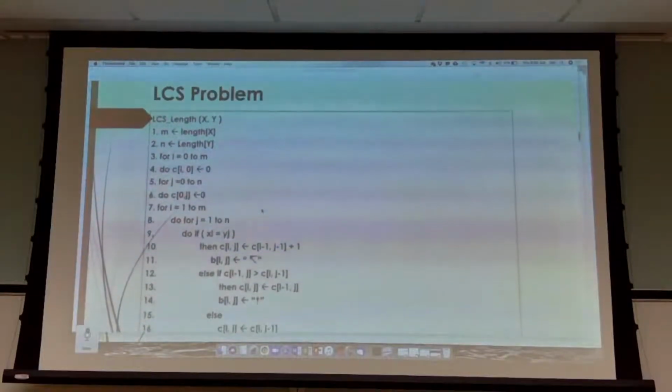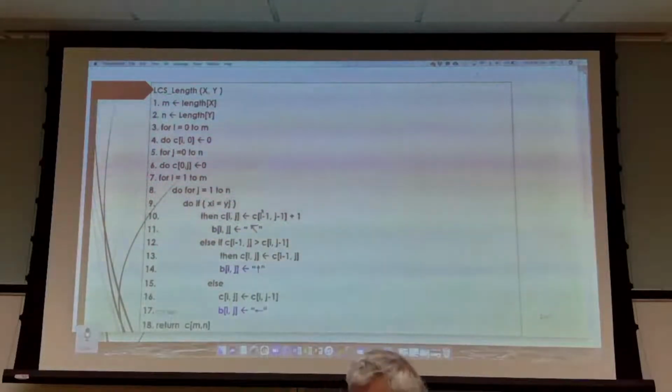Now, in the end, here is a non-recursive version of the LCS problem, which is quite simple, it turns out. And it essentially uses the recurrence relation that we wrote down earlier. And you'll see this in a minute. It looks a little messy and complicated.